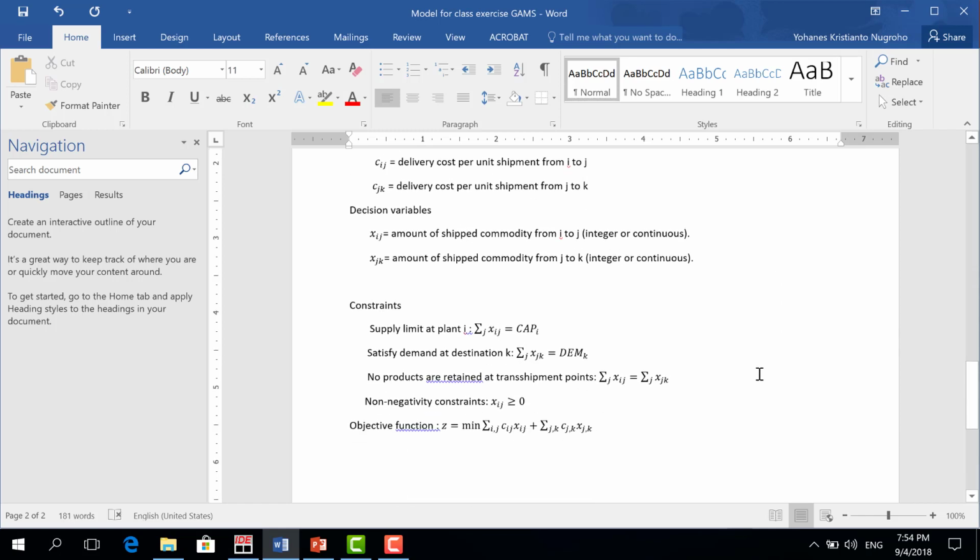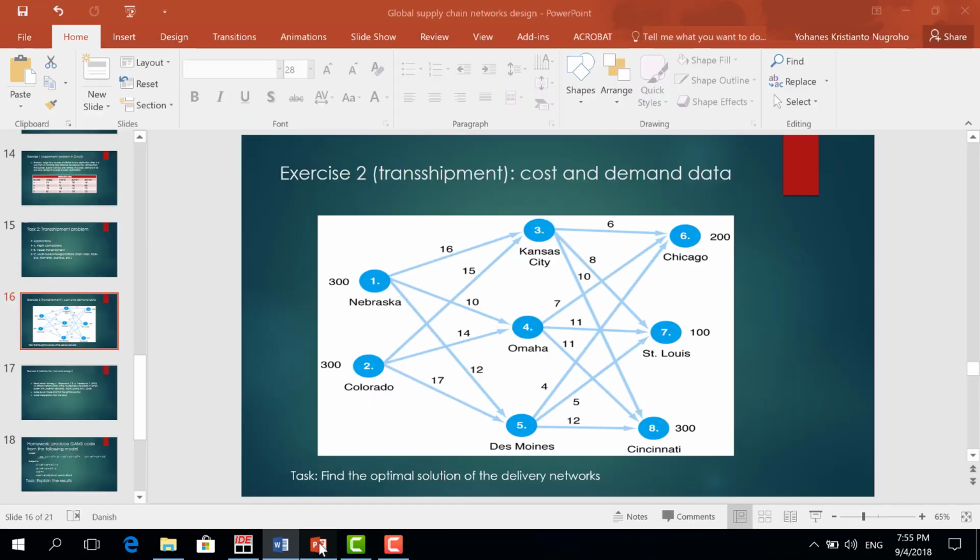We have here four constraints. The first constraint limits the supply at plant I, because here we have a capacity limit. In Nebraska we have 300 maximum. Colorado we have also 300, the maximum capacity to deliver.